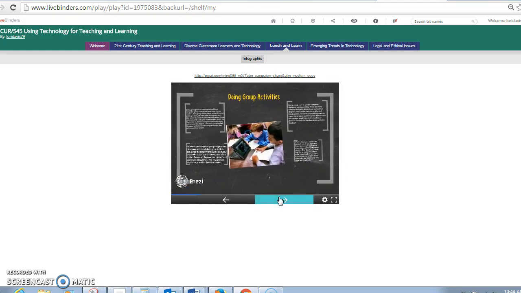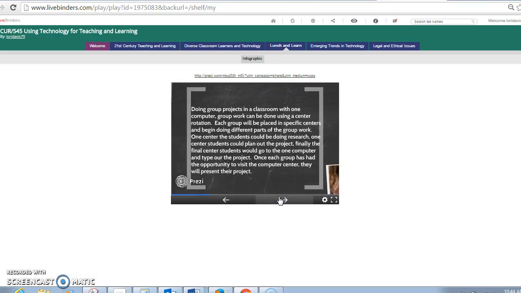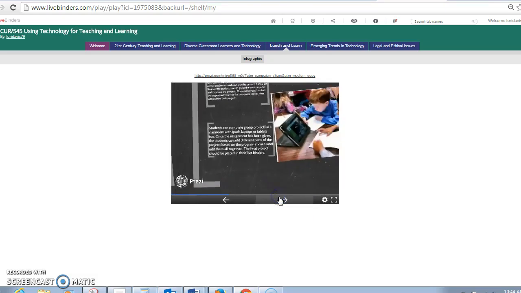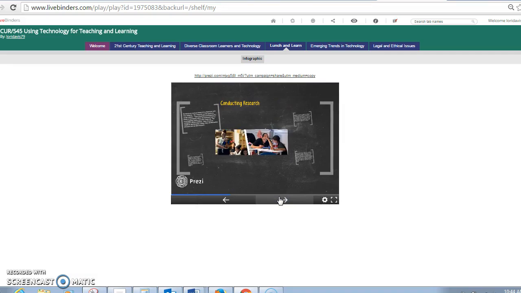They can do group activities, they can have group final projects, they can also conduct research. And this tab is really important so that teachers can see exactly ways to do these three things, depending on what type of classroom they have or what type of technology they have in their classroom.